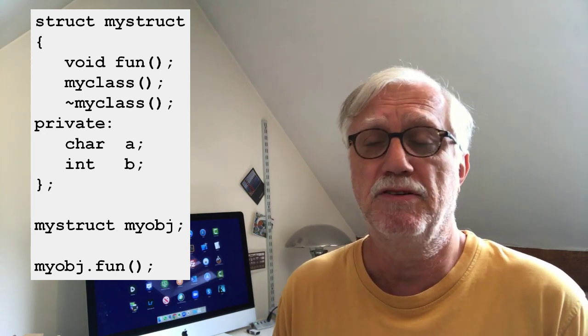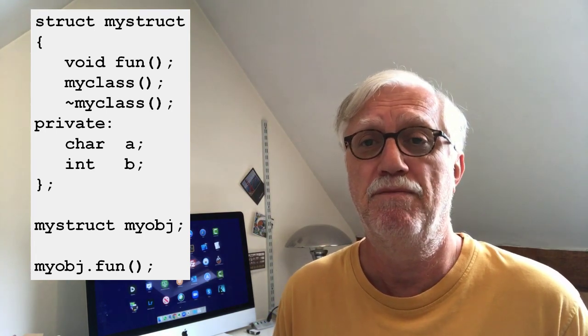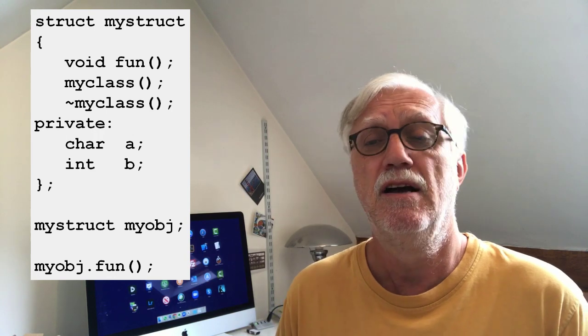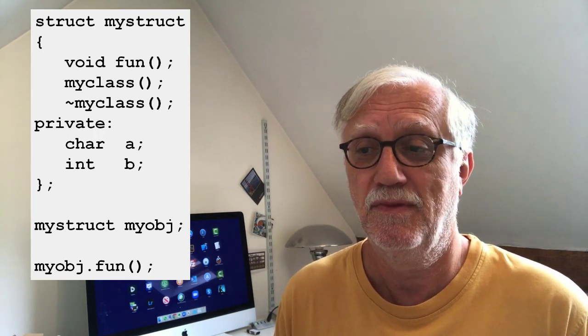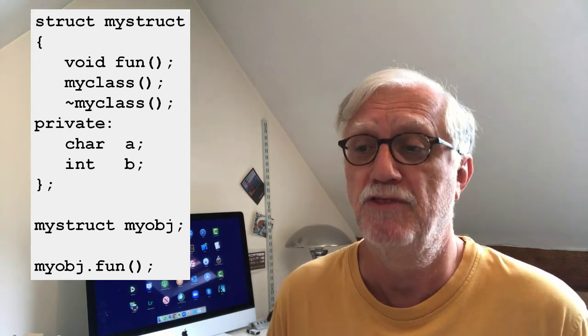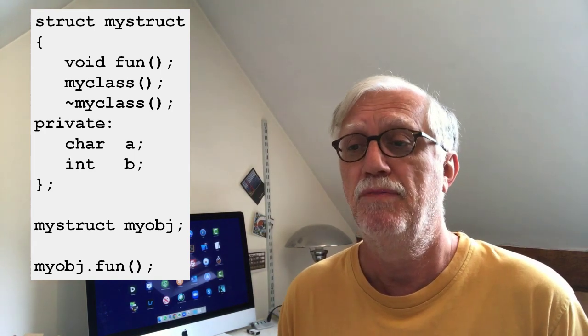This is because in a struct the initial elements are public, and therefore we can call the function fun, but we can have private elements like A and B which we cannot access from outside, just like the class. And we can create an instance of this by saying myStruct myObj at the bottom there. We don't need the word struct in C++ because the structure behaves like a class.